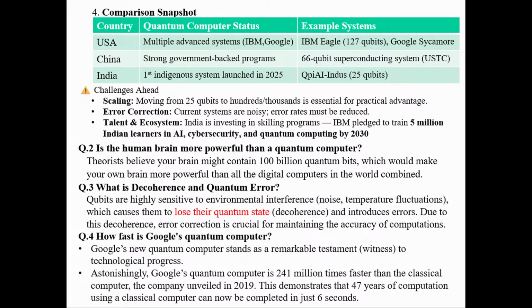No. Our brain contains 100 billion quantum bits, so there is no comparison. What is decoherence and a quantum error? This quantum information, during its travel over a long distance, will lose its coherence.